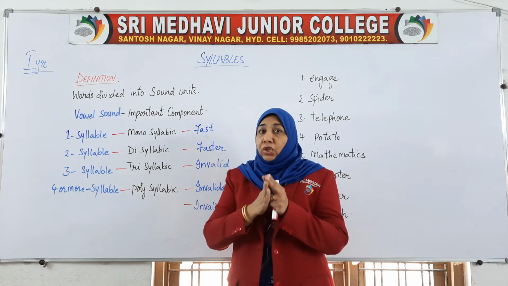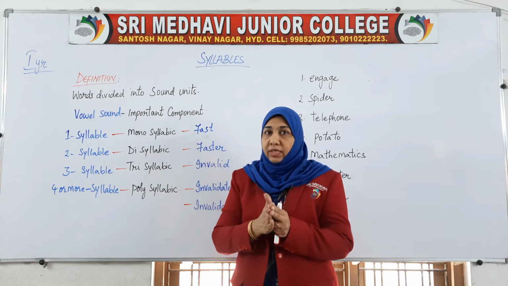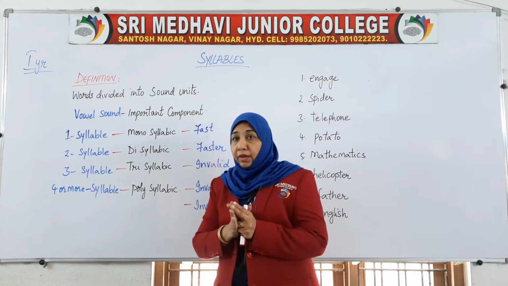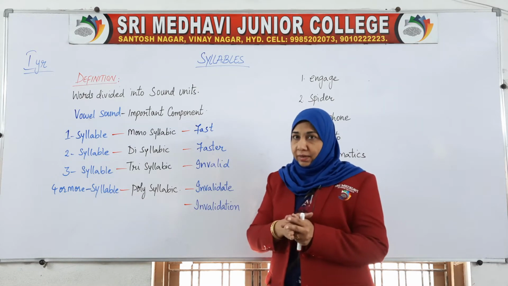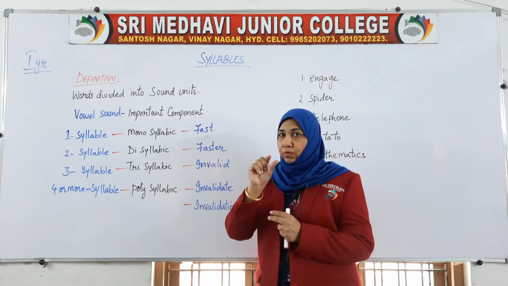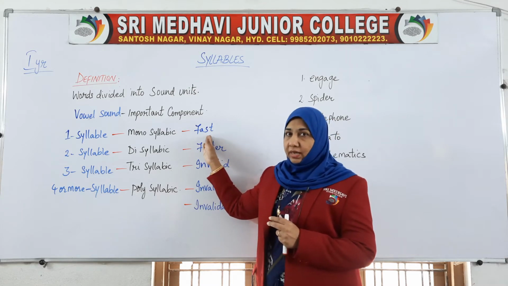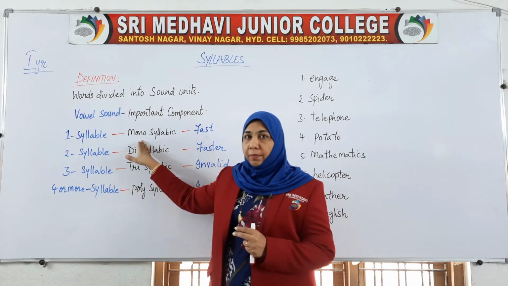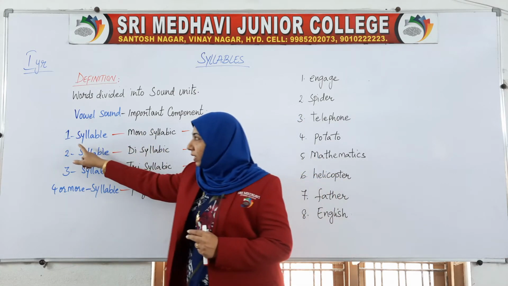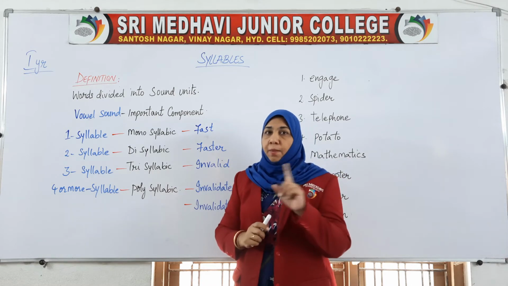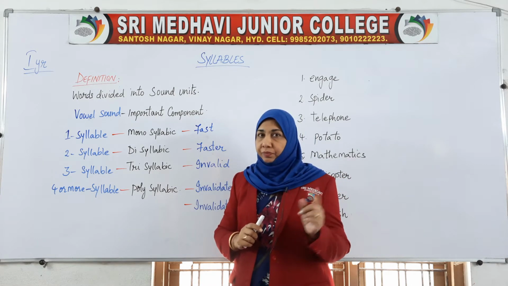These are the word units, and these are known as the syllables. If you are not taking any break and you are pronouncing it in a single tone, like fast, then this word is known as monosyllabic, because it has only one syllable. One syllable is known as monosyllabic.